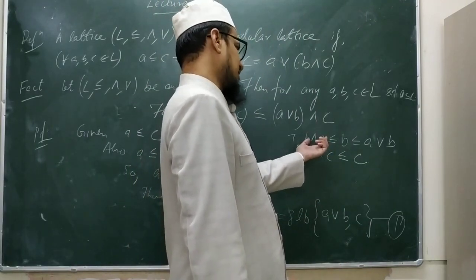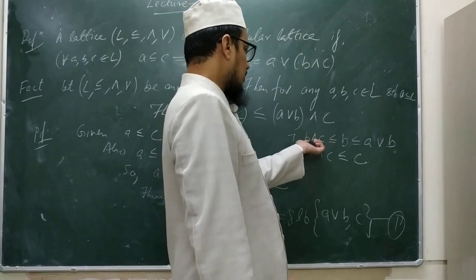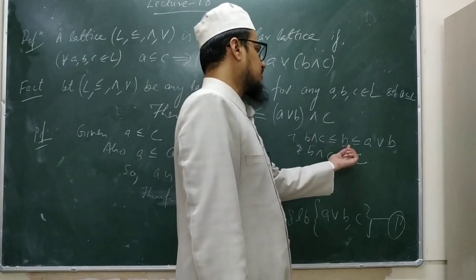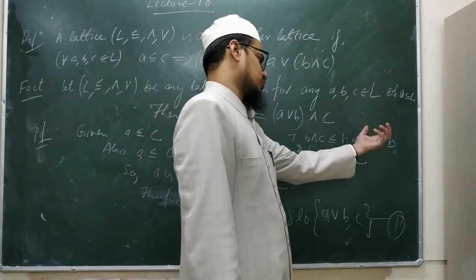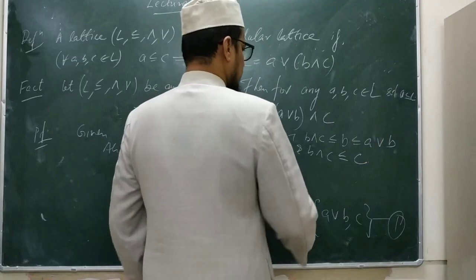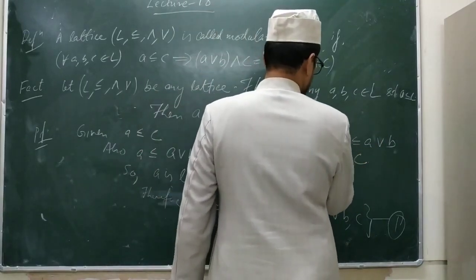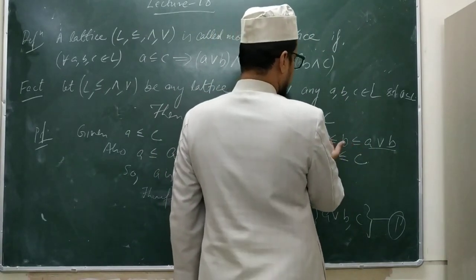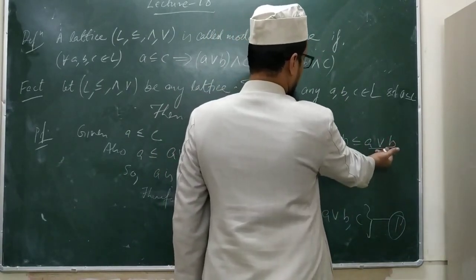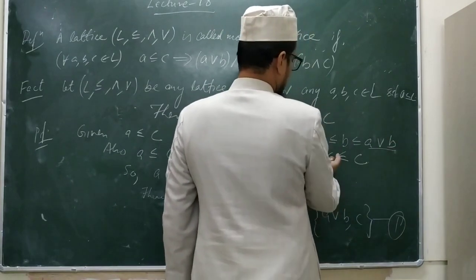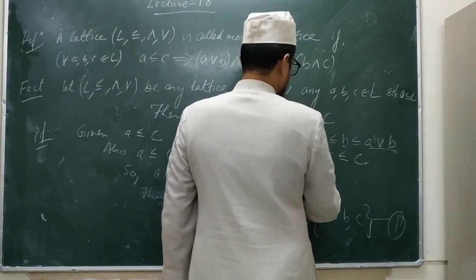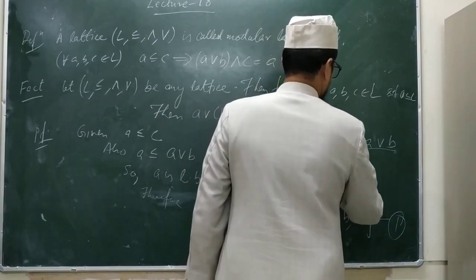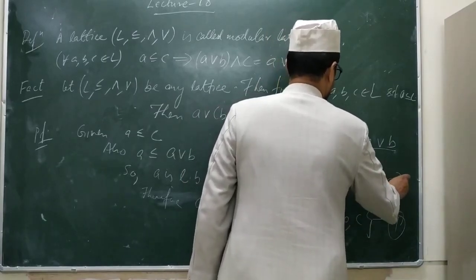The greatest lower bound. Being the greatest lower bound, it is also a lower bound, so it is a lower bound of B as well as of C. And B is less than or equal to A join B because A join B is an upper bound. So B meet C is a lower bound of A join B as well as C.